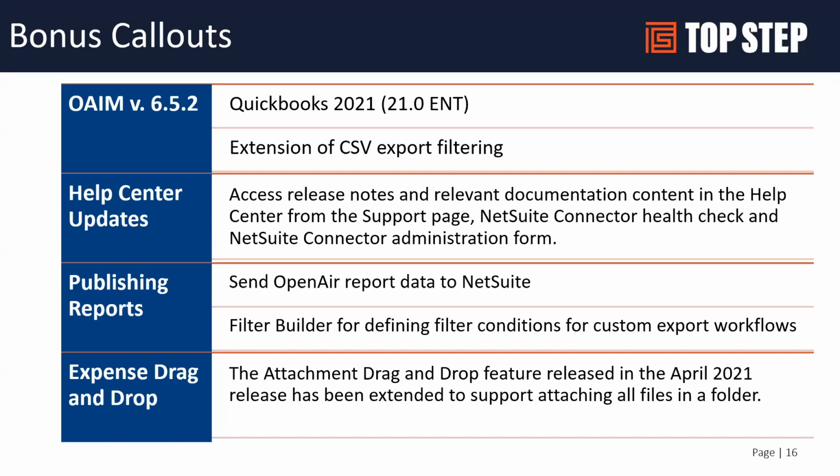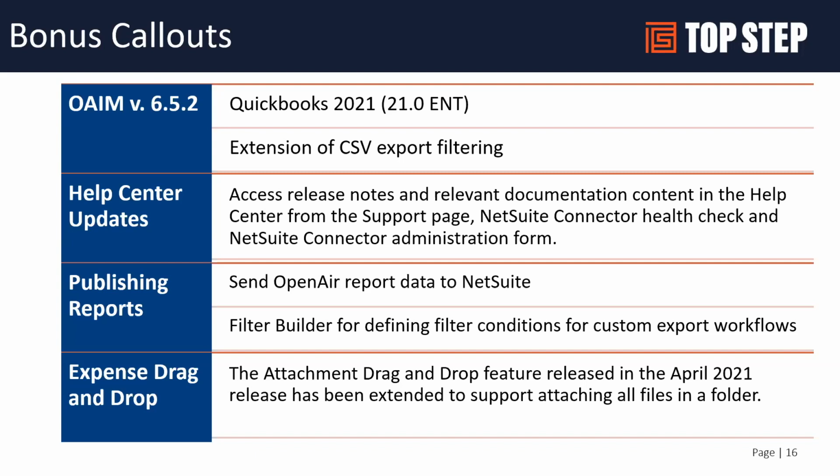Now if your sales team or somebody needs to see project related data, something that was previously just contained within OpenAir, those reports can be published to send data to NetSuite. Also, leveraging the BI tool, with the filter builder for defining conditions for export workflows from NetSuite to OpenAir, we can now build these filters for different conditions for the export workflows.